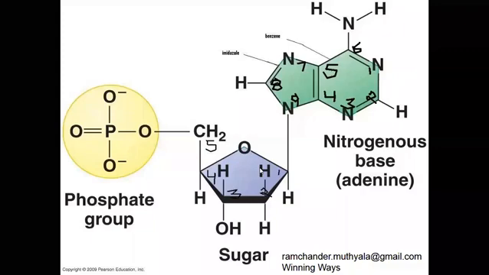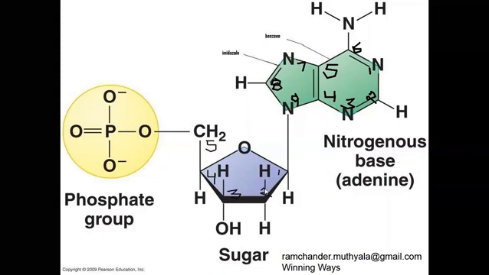If oxygens are only 4, we call it deoxyribose sugar. C5, H10, O4 is the chemical composition of deoxyribose sugar. C5, H10, O5 is the ribose sugar chemical composition.